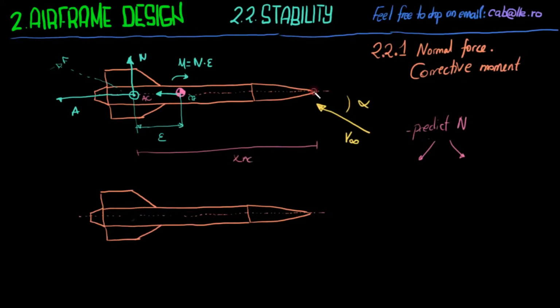If we take x as a coordinate from the nose tip, this is x equals 0, and the aerodynamic center is at distance x AC, and the center of gravity is at a distance from the nose tip x CG.